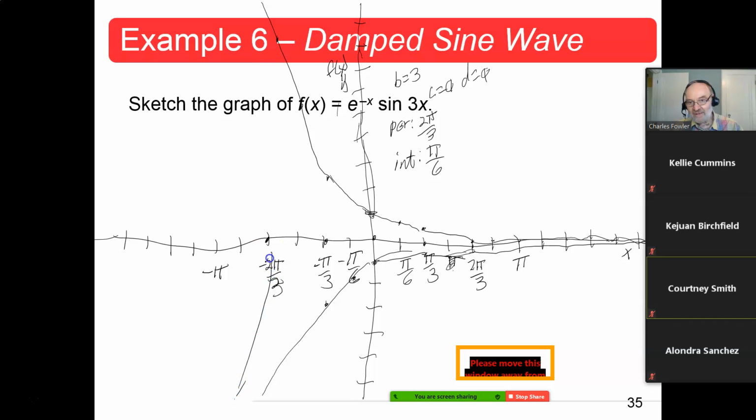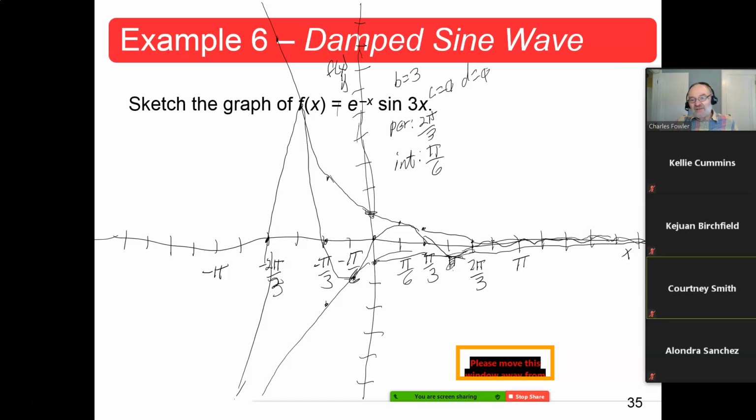Nice smooth curves now. Don't forget to make them smooth. Don't make them pointed. From this point on, it goes back and forth, getting closer and closer to 0. So you see, this is indeed a damping function in this direction.